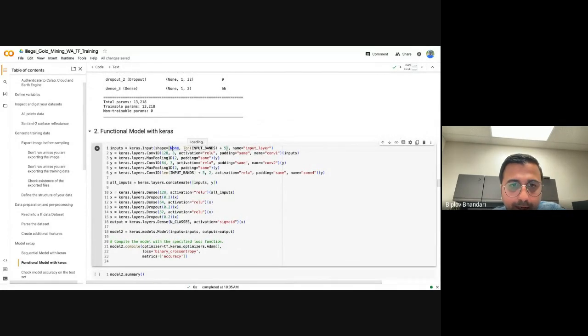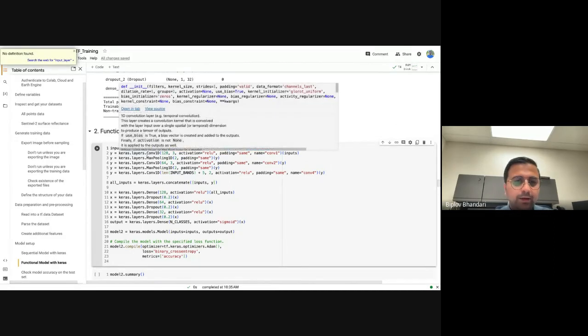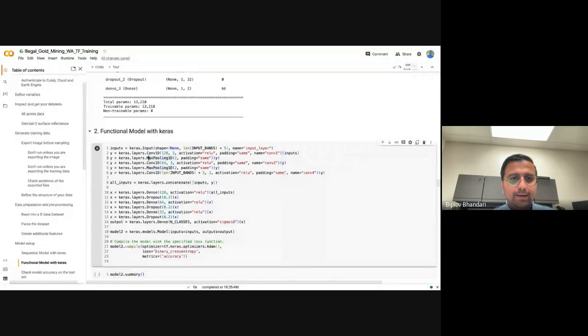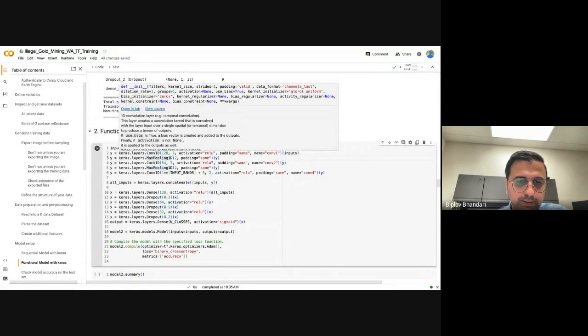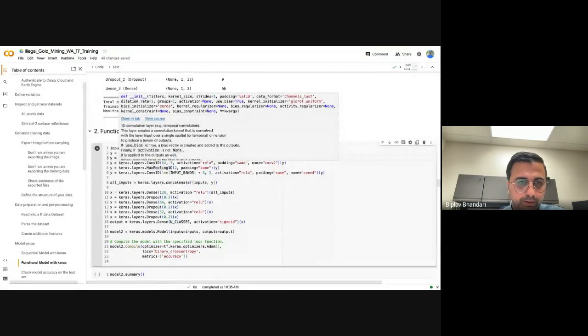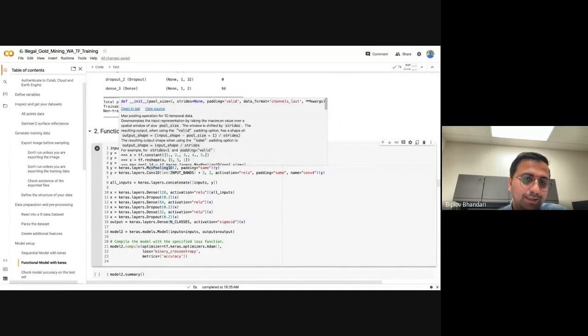Shape of None, and remember in the beginning we had the length of input shapes, but then we also added those 5 extra features, which I'm adding here. This is sort of the input layer, and then I'm doing something extra here. It's doing a convolution, a 1D convolution. I don't want to go into detail on this, but it's just another way you could also construct a DNN model.